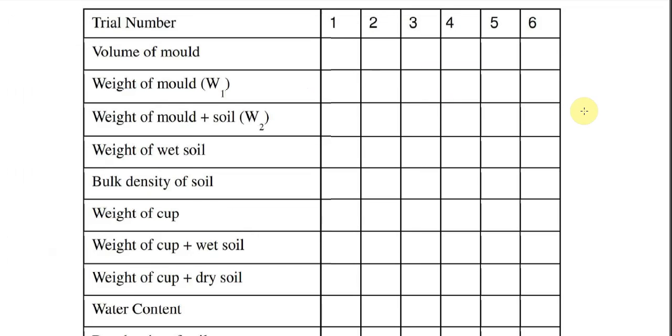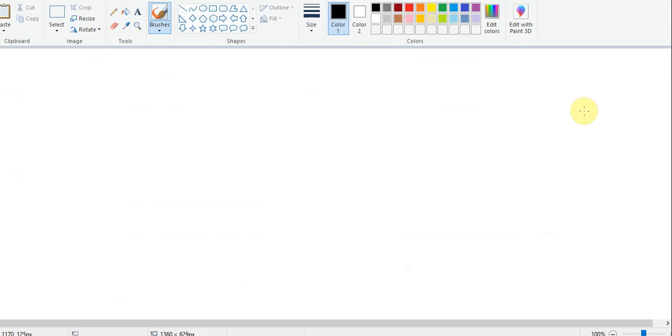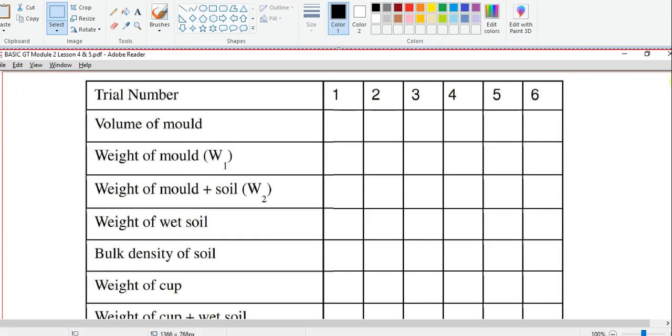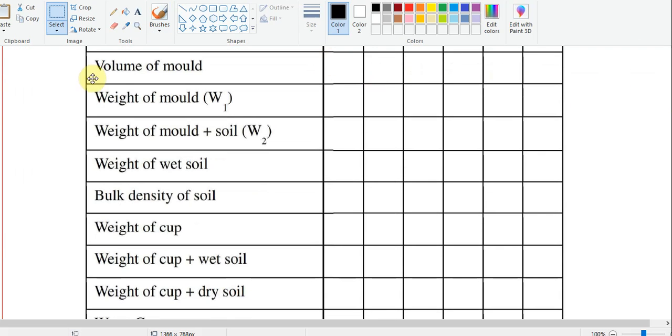Okay. And next we are calculating bulk density of soil. So first, weight of wet soil is calculated as, let us indicate weight of wet soil as WS. This is calculated as W2 minus W1.